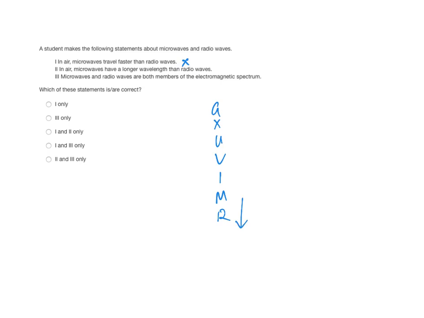So this is the longest wavelength. So 2 is not correct either. Radio waves have a longer wavelength than microwaves, not the other way around. And microwaves and radio waves are both members of the electromagnetic spectrum. That is true. So the answer is B, 3 only.